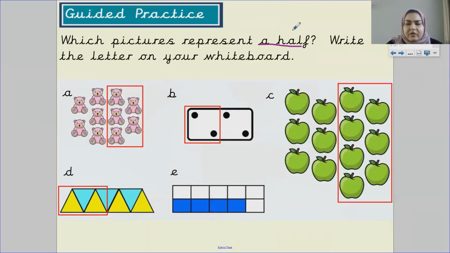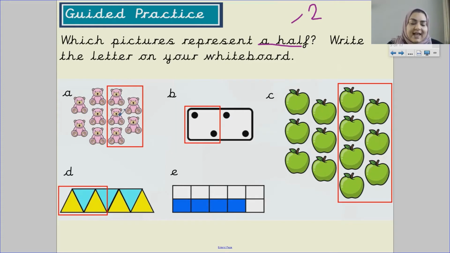So earlier on, we were saying half means equal and equal means same. So to work out which pictures represent a half, you need to see whether they are equal in both parts. Because half only has 2 parts and the 2 parts need to be equal.